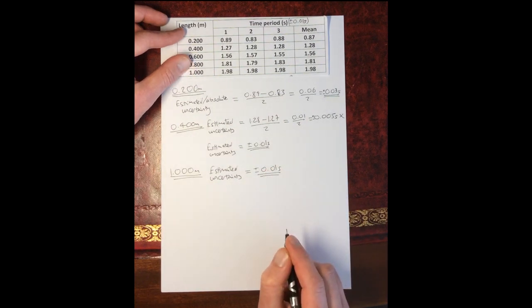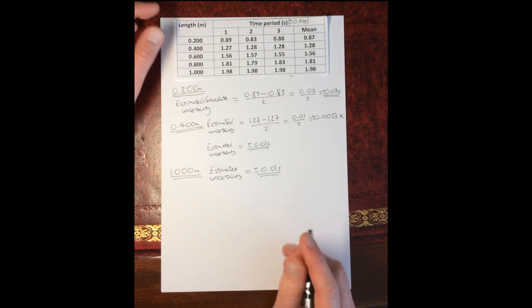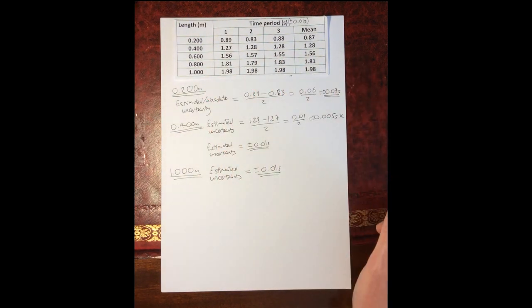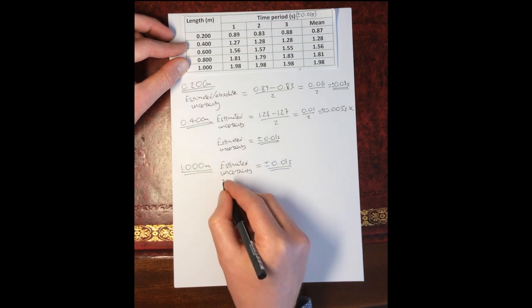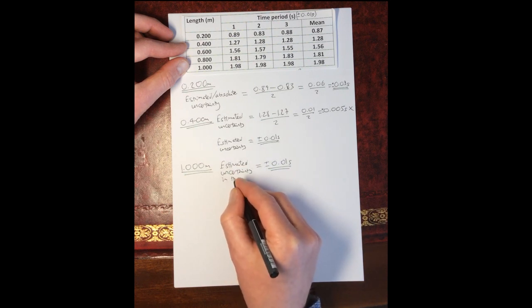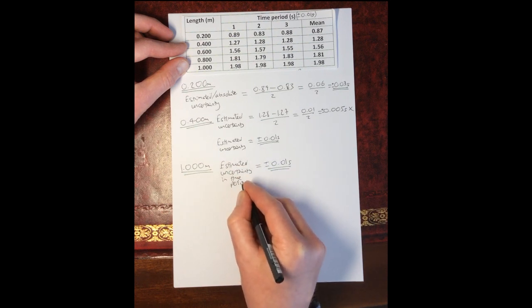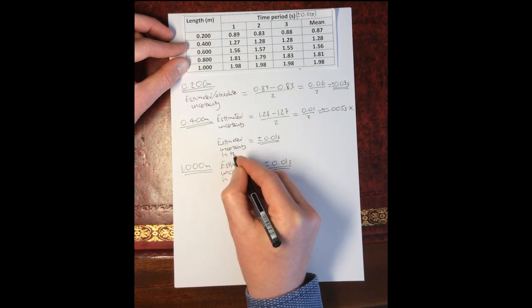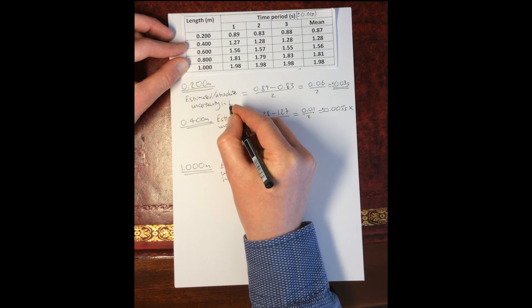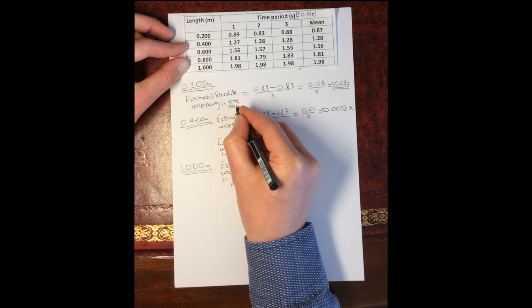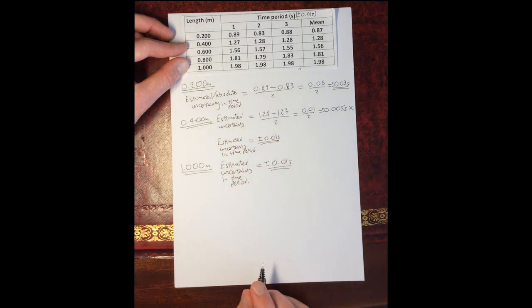Okay. Now, what about if you haven't taken multiple readings? Now, if you look at the length here, if we want to work out the uncertainty in our length, by the way, these were all estimated uncertainties in the time period values.